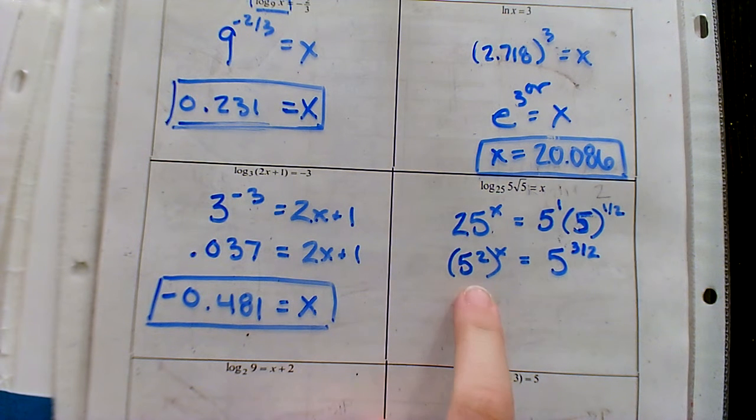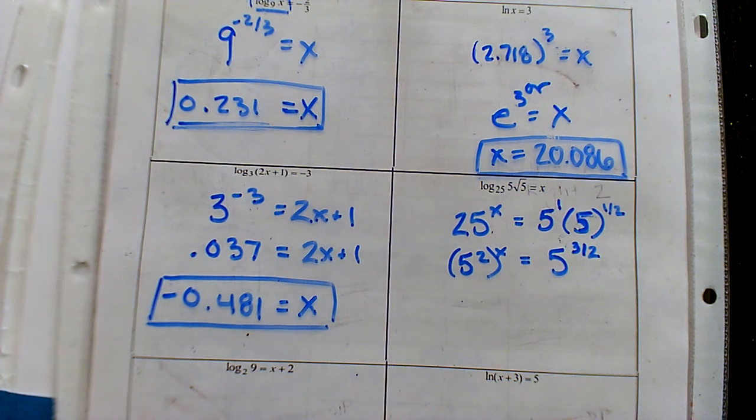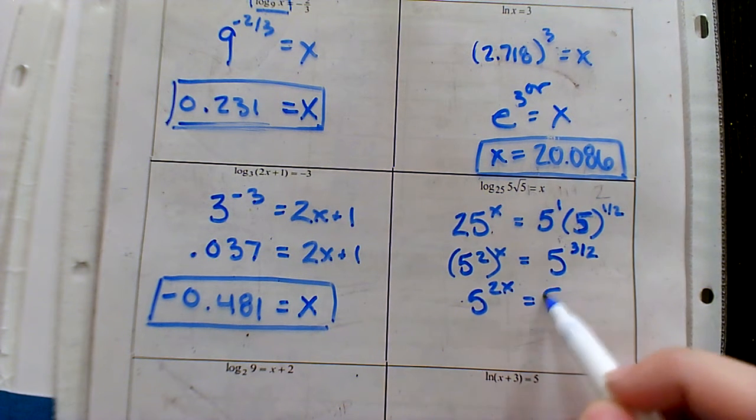Okay, looks like we can use another exponent property on the left-hand side. You have a power of 2 being raised to a power of x. How can you combine those? If you have a power to a power. Yeah? You multiply. Good, so that would just be 2x.